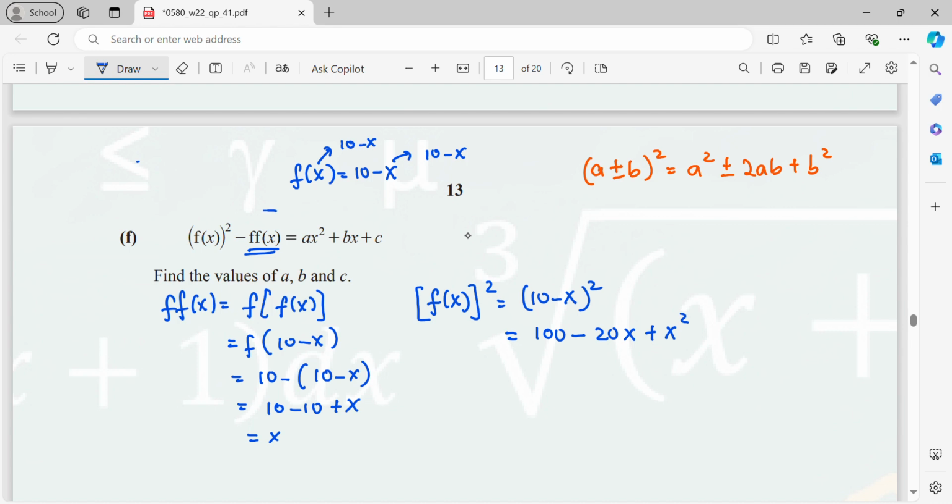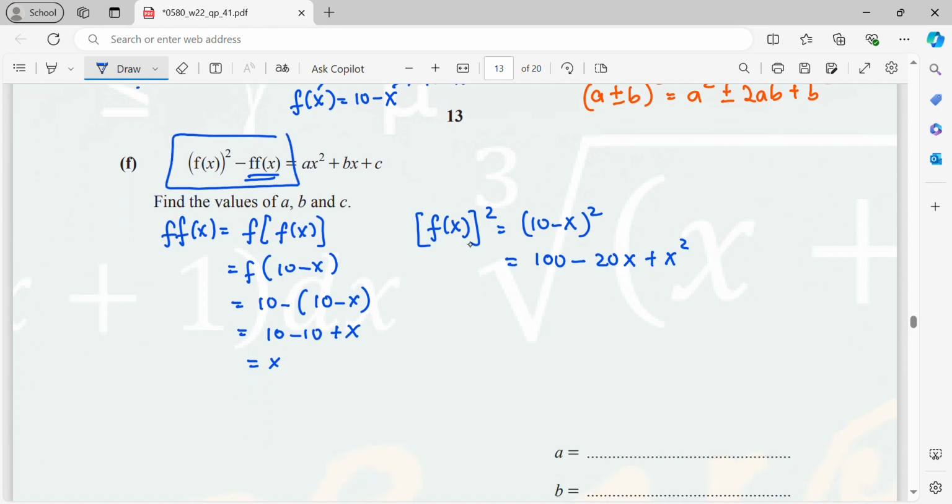Now I will substitute into this expression. So 100 minus 20x plus x squared equals to, no, sorry, this is just the fx squared. Then I have to minus the composite function. All of this, put a bracket, equals to ax squared plus bx plus c.